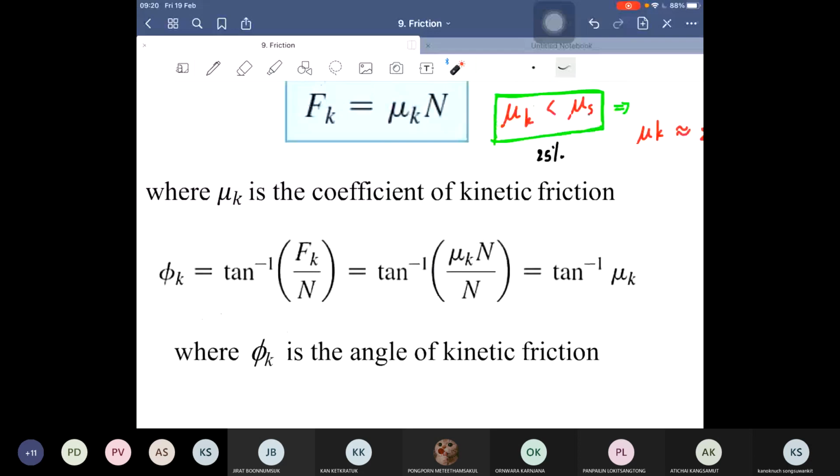That is arctan Fk by N, where Fk equals mu k N and N cancels out. Just have mu k left. So mu k, this phi k will become the angle of kinetic friction.